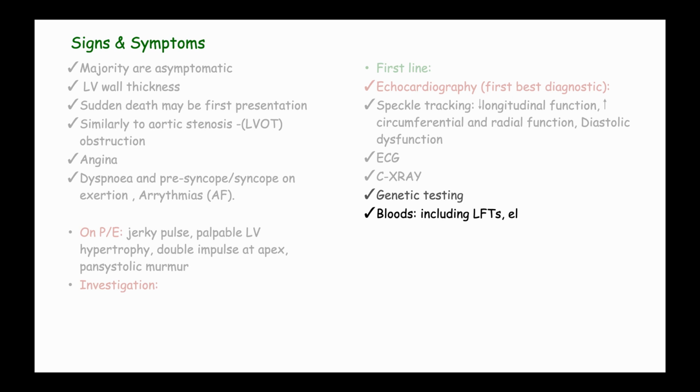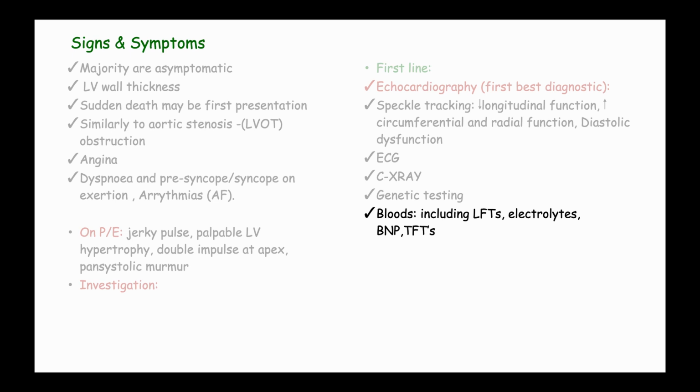Our other investigations include blood analysis, including liver function tests as well as electrolytes, and also B-type natriuretic peptide. If B-type natriuretic peptide is elevated in any of these patients, it may indicate that the patient is having heart failure.